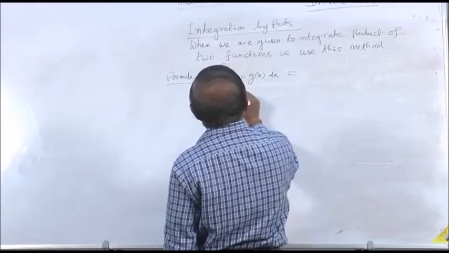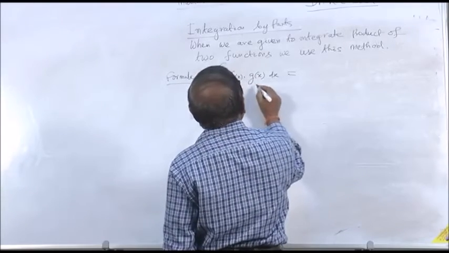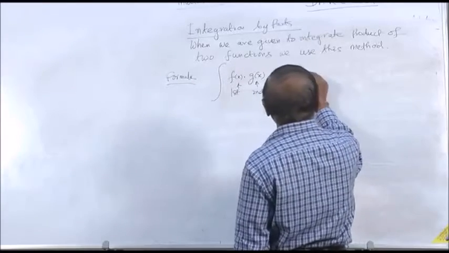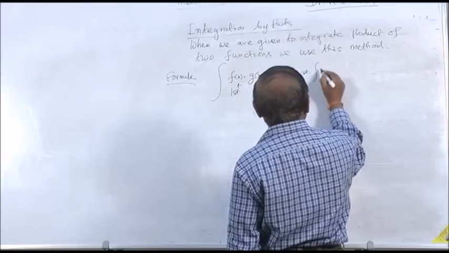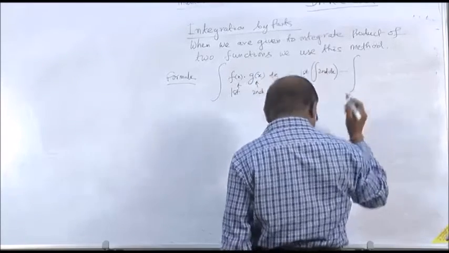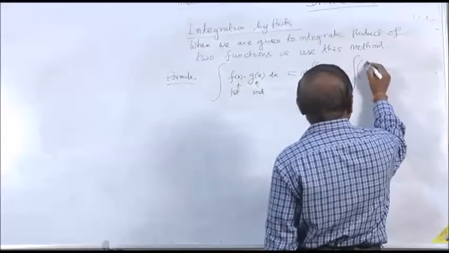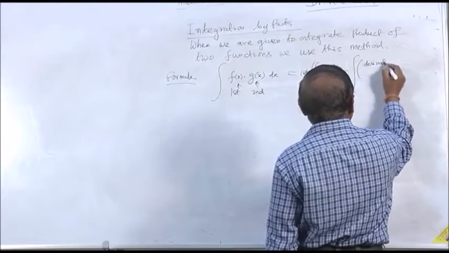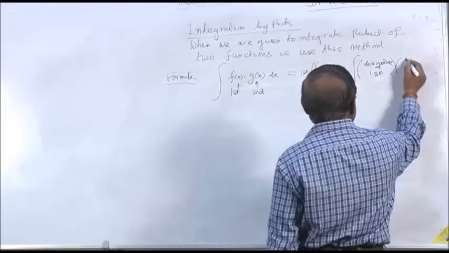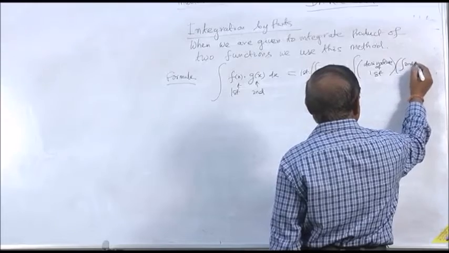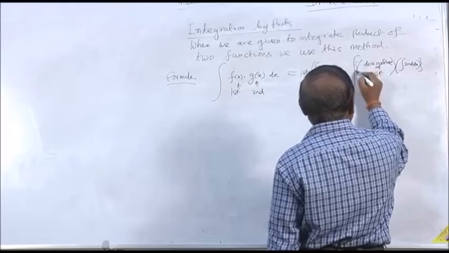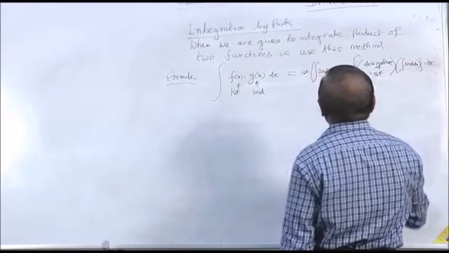We have to choose one as first, another one as second. So the formula is: first into integration of second, minus integral of derivative of first into integral of second, over dx.